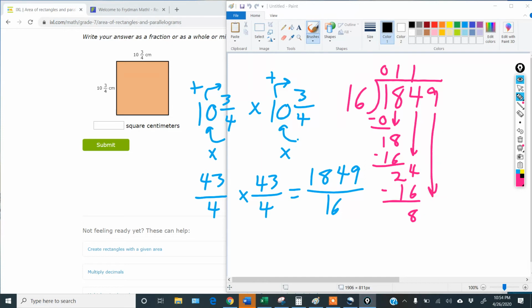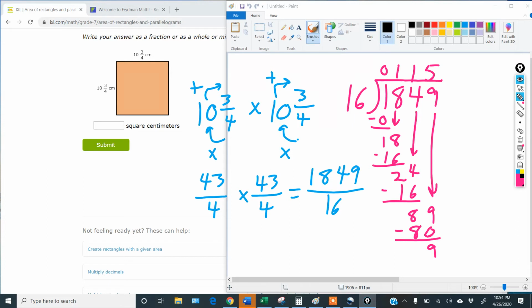Bring down the 9 over here. And let's see, 16 goes into 89. 6 is going to give me 96, so that's too much. So 5 times 16 is 80. And then we subtract, we get a 9 here.